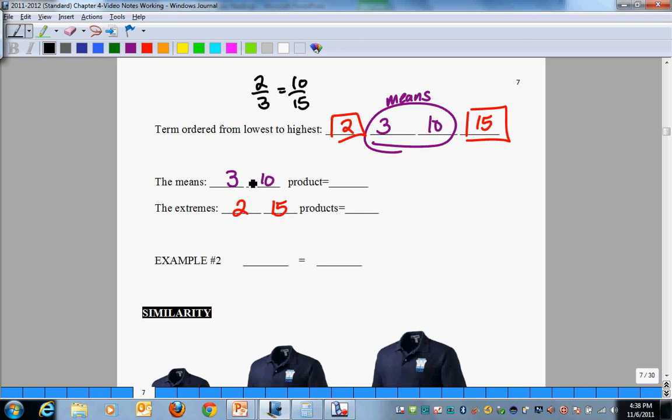Now we're going to multiply these. 3 times 10, of course, is 30. 2 times 15 is 30. So what you notice here is that when you multiply the means, 30, and you multiply the extremes, 30, you get the same thing. You guys know this as cross multiplication.